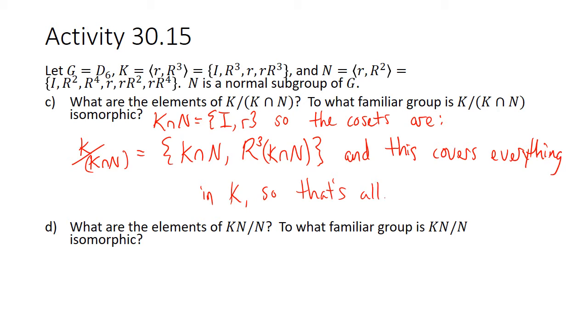All right, and then part D, what are the elements of Kn mod n, and to what familiar group? Oh, I forgot to answer that part, didn't I? So going back to part C, to what familiar group is K mod K intersect N isomorphic? So this is a group that has 2 elements, and there's only actually one isomorphism class for a group of 2 elements, and that is Z2.